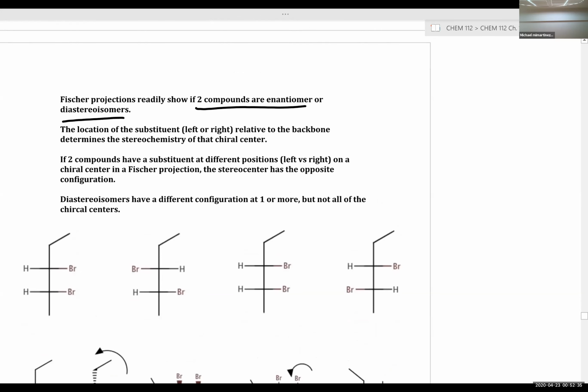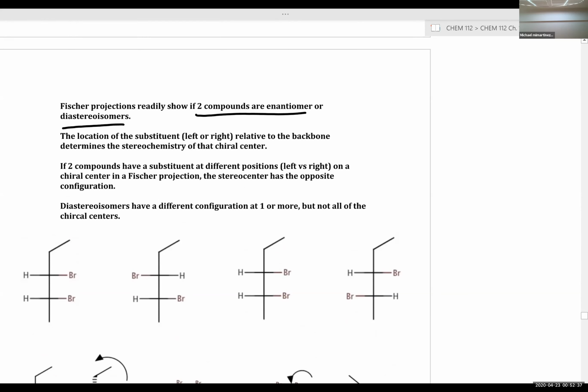Okay, so the beauty of Fischer projections is they really help you see enantiomers and diastereomers unambiguously. The location of the substituent, whether it's on the left or the right, determines the stereochemistry of that chiral center. If two compounds have a substituent at different positions, left or right, on a chiral center in a Fischer projection, the stereocenter has the opposite configuration.